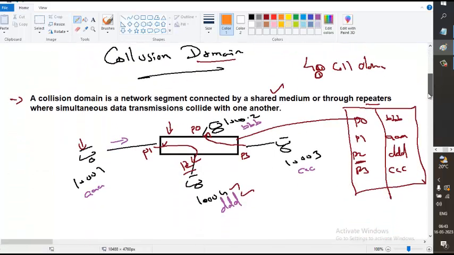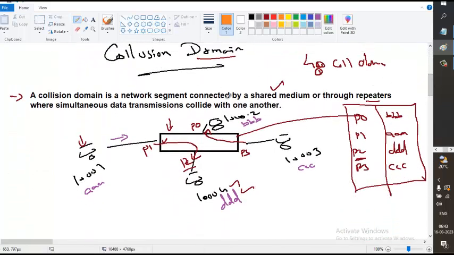Then collision domain is a network segment connected by shared medium like a repeater. When a packet is sent, every device simultaneously receives the packet. If all devices start communicating at the same time, there are chances of collision.